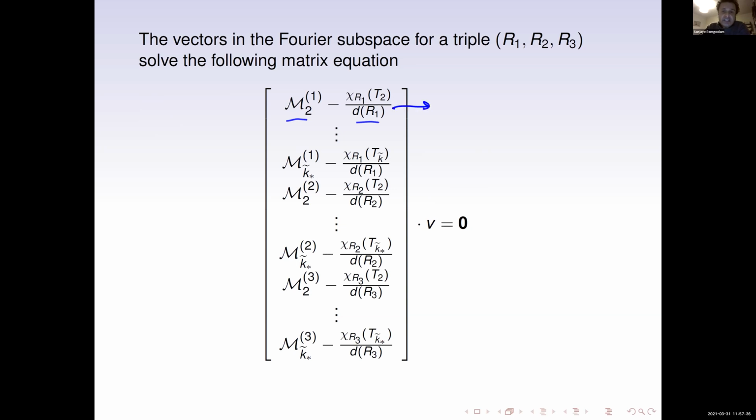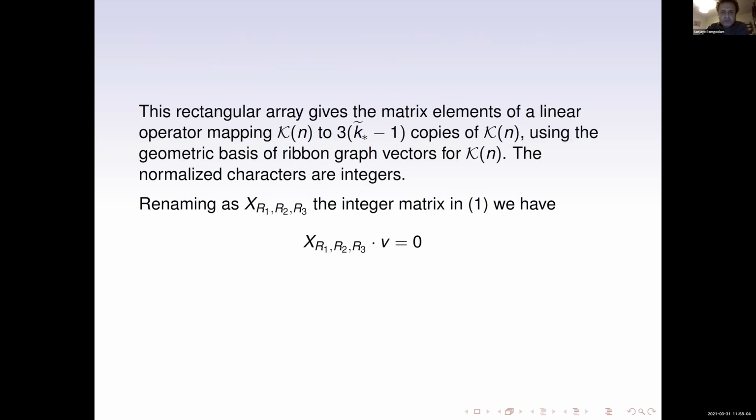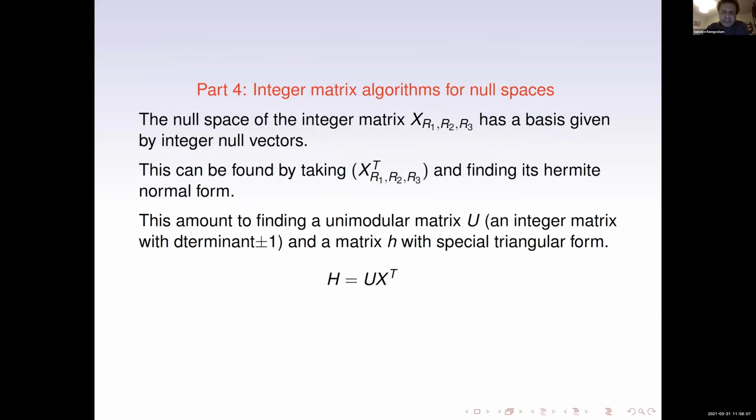These eigenvalues are integers, constructible from the Murnaghan-Nakayama construction, from multiplication of these tks with the ribbon graph permutations. So we have an integer matrix whose null vectors are precisely the vectors that live in that V, and there are integer matrix algorithms for constructing the null vectors of an integer matrix.